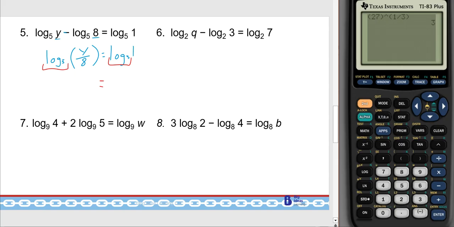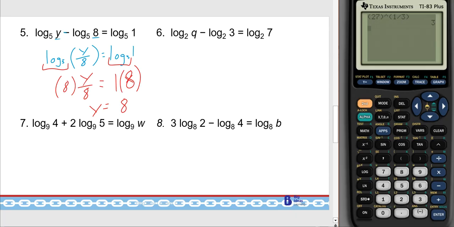So I can bring down the values that I'm taking the logarithm of. Since it's an equation, those 2 things have to be equal. So the y over 8 has to be equal to the 1. And then I would finish this out by solving for y, right? I move the 8 over, multiply both sides by 8. So I get a solution here of y equals 8.